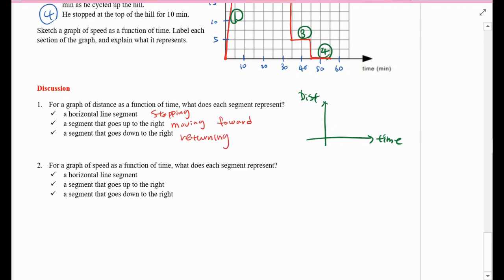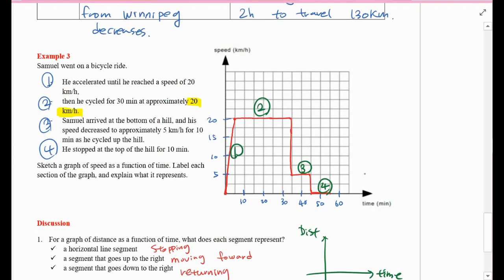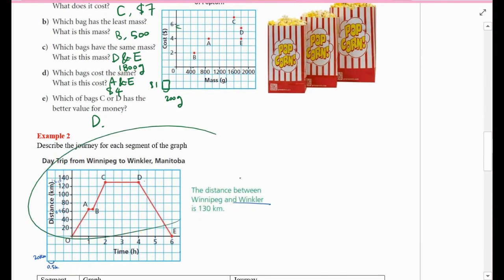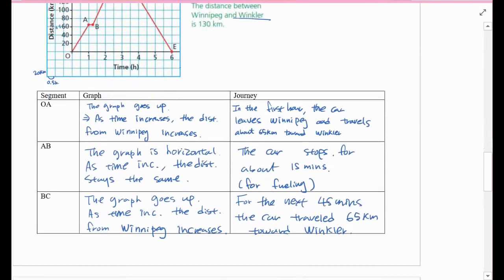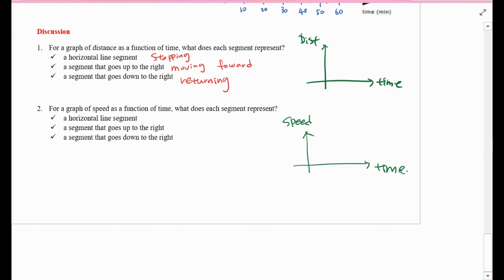So this is distance versus time graph, but speed versus time graph is different. So as you see, this is a speed versus time. But before this was distance versus time, right? So if it is a speed versus time, horizontal segment, as the time increases, speed is the same.